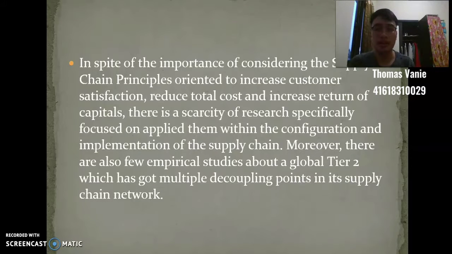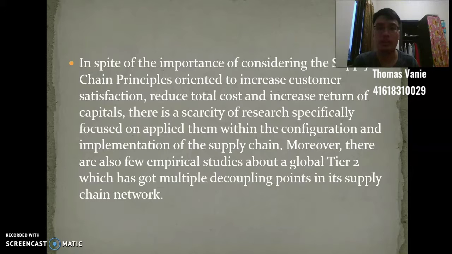In spite of the importance of considering the supply chain principles oriented to increase customer satisfaction, reduce total cost, and increase return of capital, there is a scarcity of research specialists focused on applying them within the configuration and implementation of the supply chain.